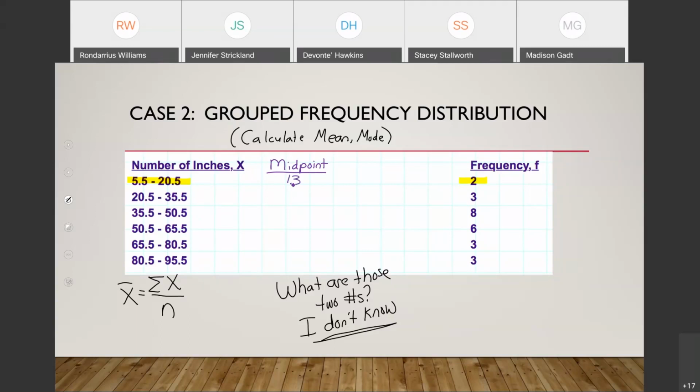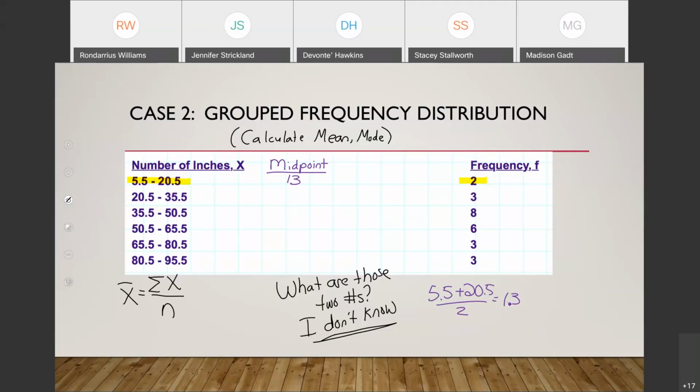Everybody okay with that? So 5.5 plus 20.5 divided by 2. We've already learned how to do that. That's going to give me my midpoint for that first class. Let's do the same thing for the other classes.